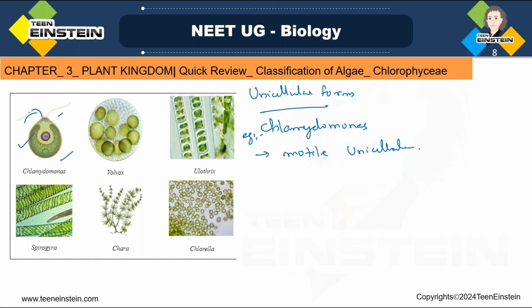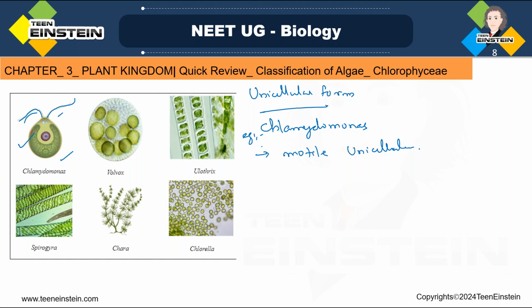Here two flagella are there, and with their help this unicellular green algae can move. Chloroplast and eye spot are also there in Chlamydomonas.